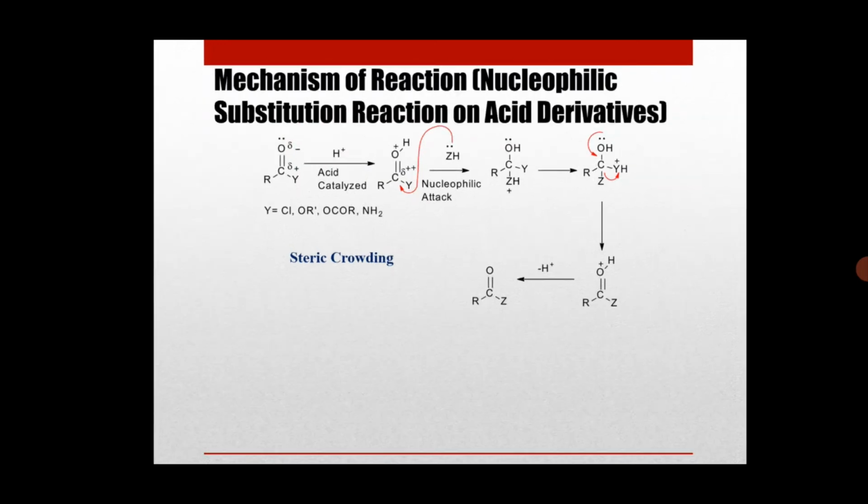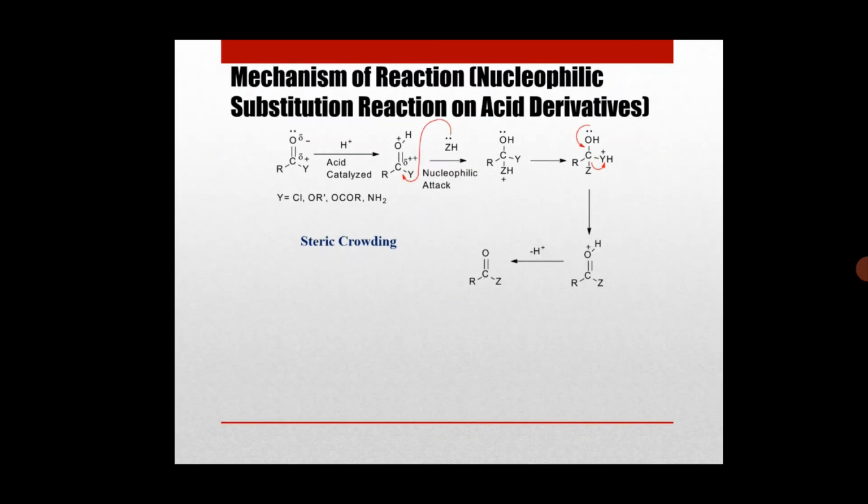So when the proton goes and attacks the oxygen atom, the oxygen becomes positively charged. Oxygen being more electronegative than carbon, and on top of that having a positive charge, it pulls the pi electron more and more towards itself, making the carbonyl carbon more positive.